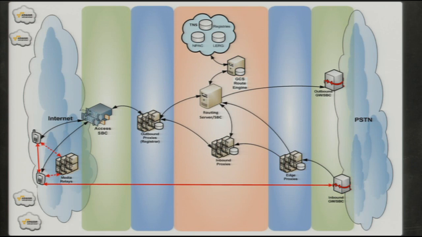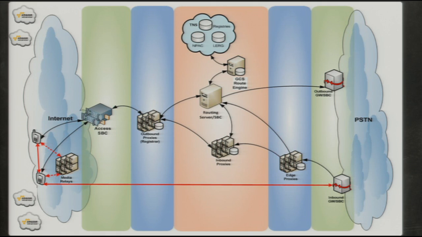What I want to present here, you can see on the left side is the internet and cloud services, and we're going to talk a lot more about that side. That's the basic infrastructure of Vonage. You can see the entry point for the mobile clients is the internet, coming all the way, hitting the Access SBC for security and control.